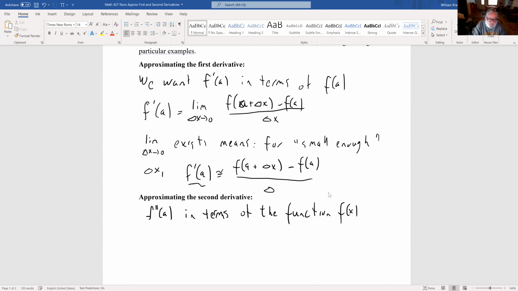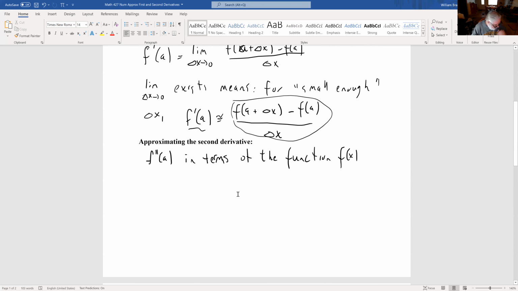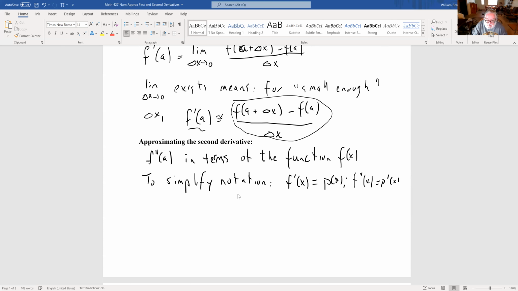So just as we have the first derivative in terms of the function here, we can figure out the second derivative in terms of the function. To simplify the notation, I don't want limits everywhere. We'll put f prime of x equal to some function p of x. Why that simplifies things is that the second derivative is the first derivative of p.